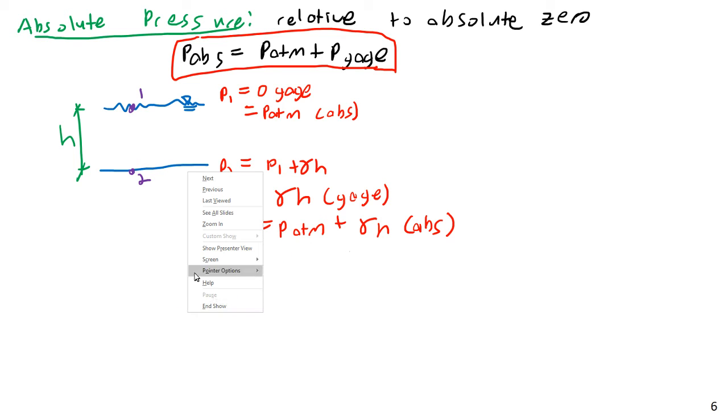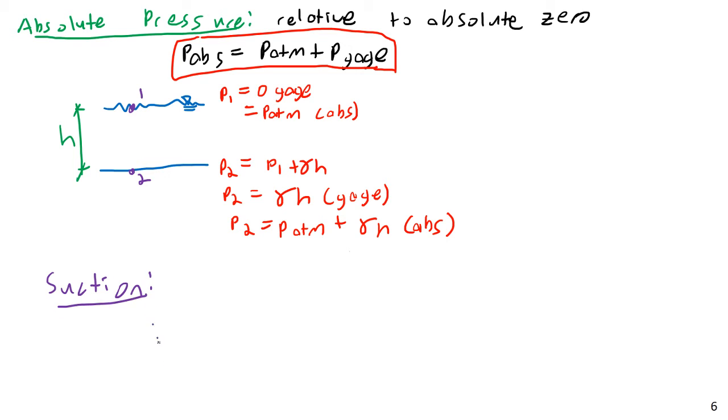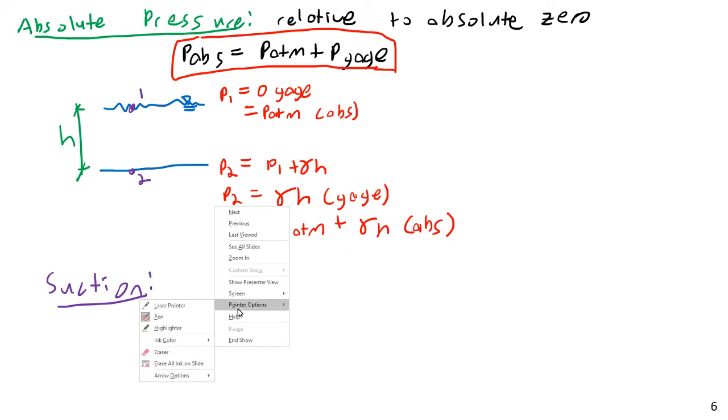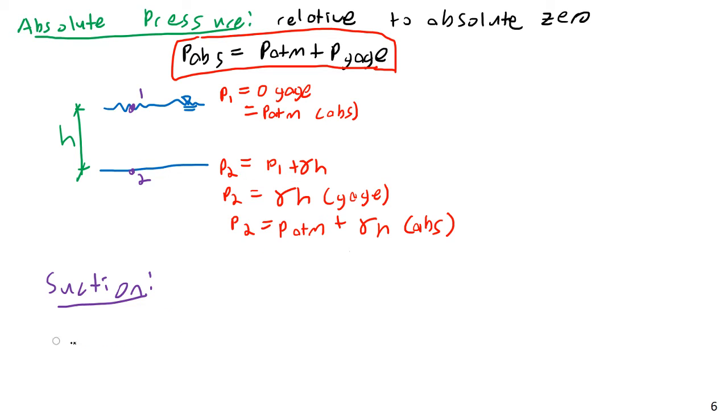And if I want to remember what suction is, I don't know if I've mentioned that before. What is suction? Well, say like in a common vacuum cleaner or something like that, suction is negative gauge pressure. Absolute pressure can never be negative.